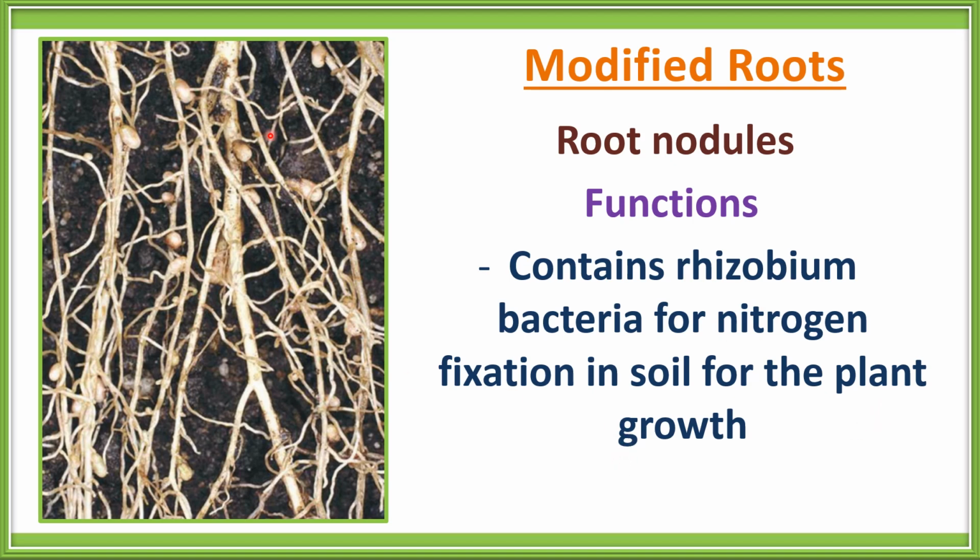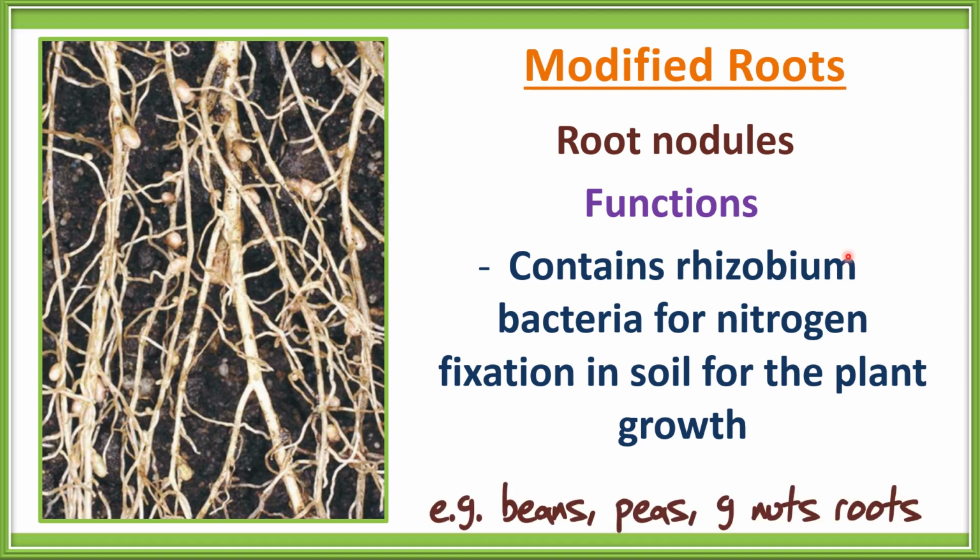So they fix nitrogen in the soil, which is going to be used by plants like beans, peas, and peanuts. That type of relationship between the rhizobium bacteria and the plant is a mutualism association, where both benefit.